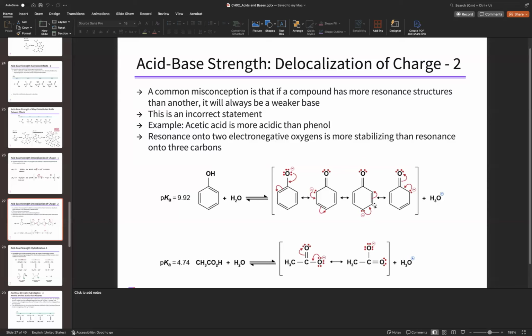So while there are these four resonance structures, they are really not that good at contributing to the overall structure. Versus here, even though there are just two, in each of them the negative charge is spread on an oxygen. So that's why this, despite having just two structures, has a smaller pKa than this structure of phenol with 9.92 pKa.